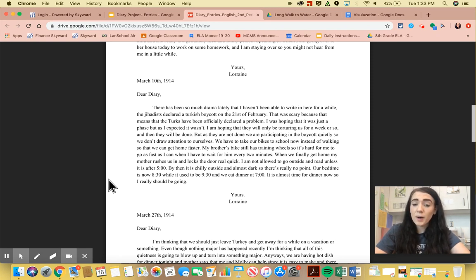We have to take our bikes to school now instead of walking so that we can get home faster. My brother's bike still has training wheels, so it's hard for me to go fast when I have to wait for him every 2 minutes. When we finally get home, my mother rushes us in and locks the door real quick. I'm not allowed to go outside and read unless it's after 5, but then it's chilly outside and almost dark, so there's really no point. Our bedtime is now 8:30 when it used to be 9:30, and we eat dinner at 7. It's almost time for dinner now, so I really should be going.